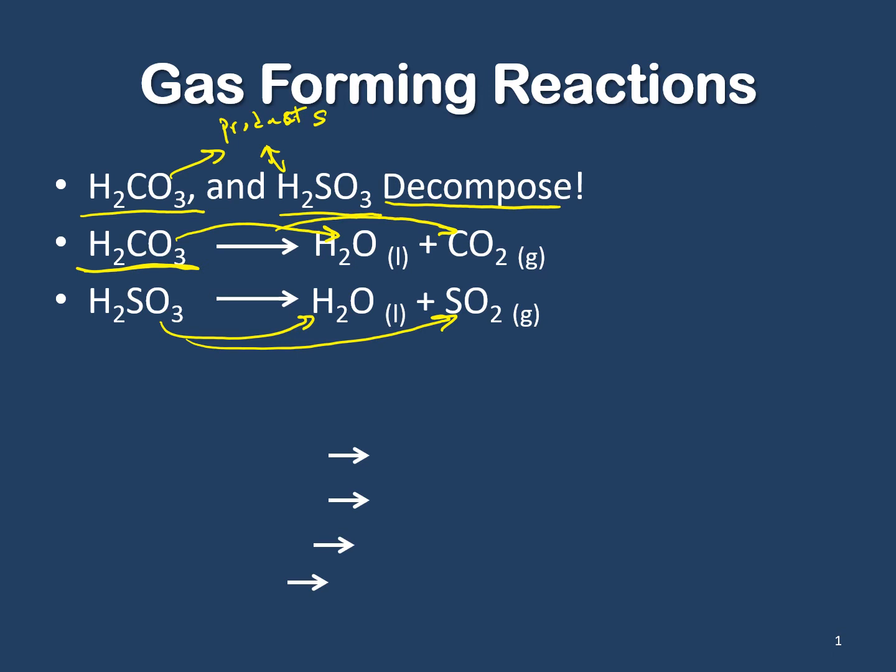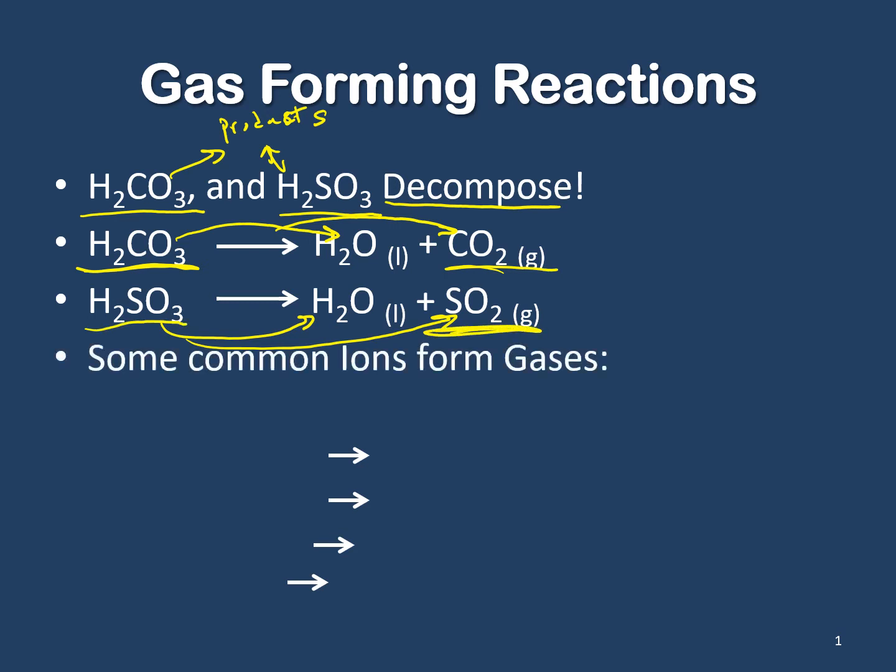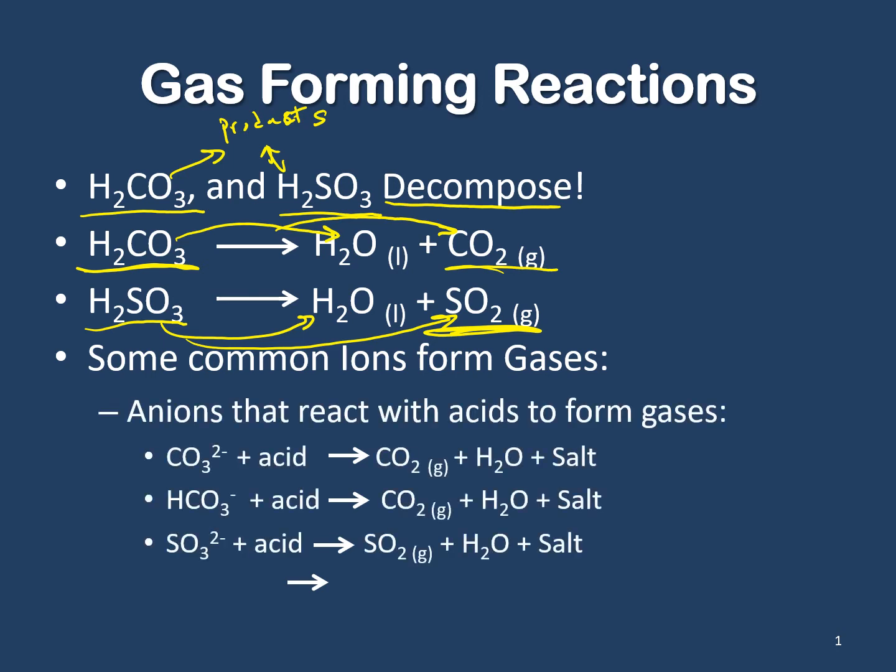All right, and we'll do some examples of this on the next slide. But the gas we're forming here when we form carbonic acid is obviously CO2. And if we have sulfurous acid formed, we're actually making SO2 gas. So there are some situations where these two compounds are more likely to be formed. And that is if we react anything that contains carbonate with an acid, we will form carbonic acid.